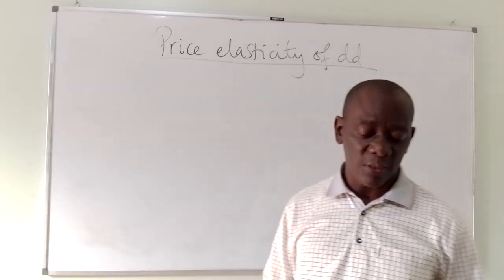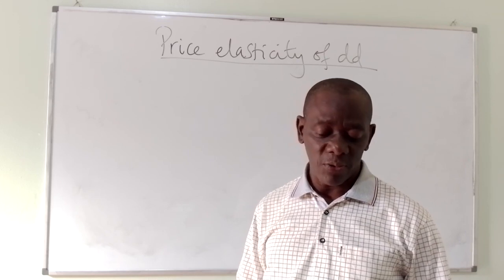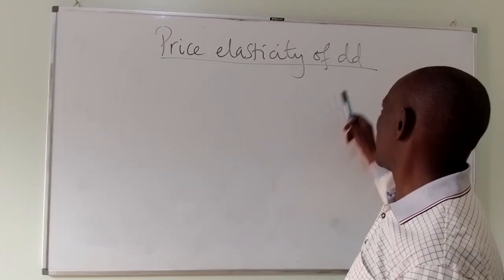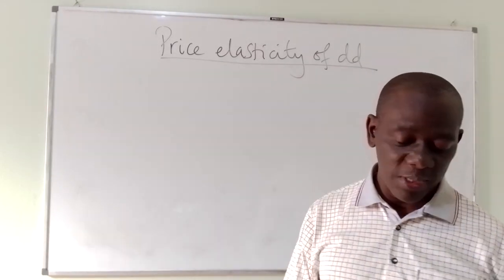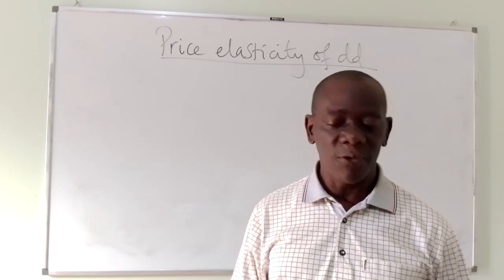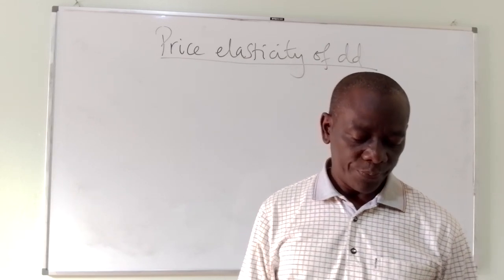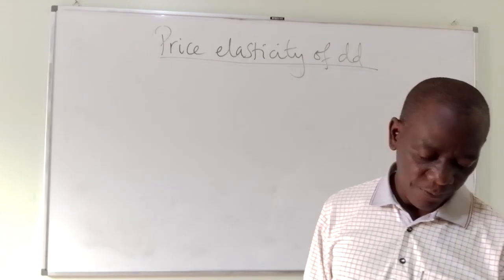When it comes to exams, it is sometimes not required to write those abbreviations; we write them in full. So if you see DD on the whiteboard here, it represents demand, and if you see 2, it represents output. So we are looking at the price elasticity of demand.